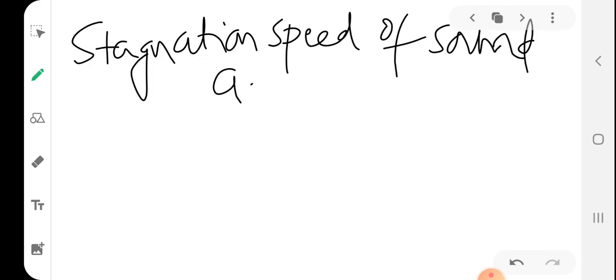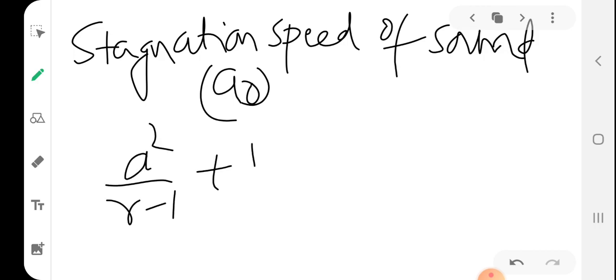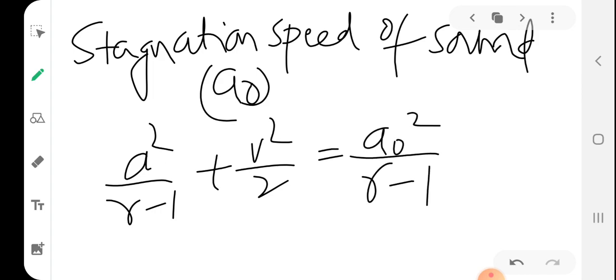A0, right? Now we have to derive expressions for A0 in terms of other velocities. So a square by gamma minus 1 plus v square by 2 equals a0 square by gamma minus 1, right?